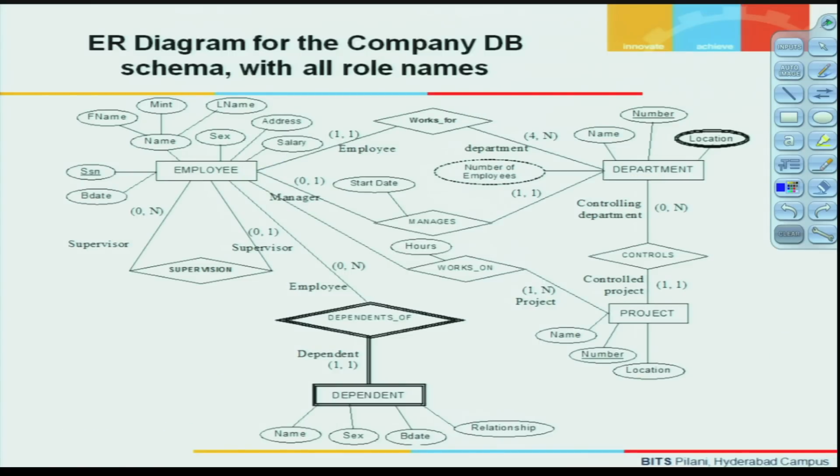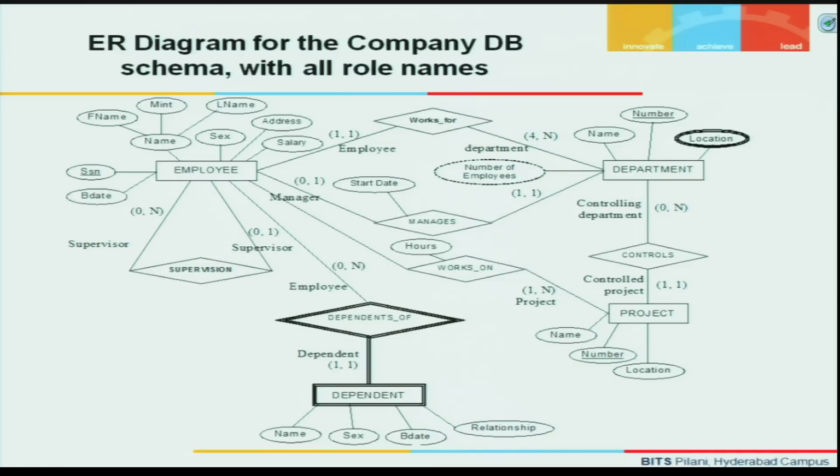Now let us have a look at a full-fledged example which represents a company database schema at the logical level, and at the conceptual level, and which has all the concepts that we have learned so far. In the company database, we have employees, departments, projects, and dependents.